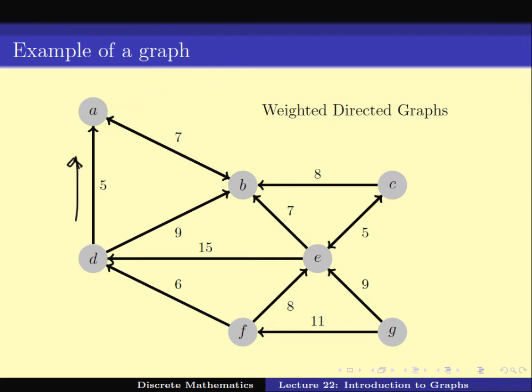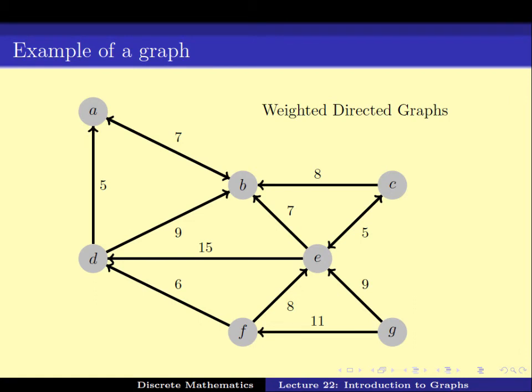So if these are cities, this says that there is a flight from D to A, but no flight from A to D. That is represented using this kind of graph, and we call it a weighted directed graph. Of course, if you don't have the weights, we just call it a directed graph.